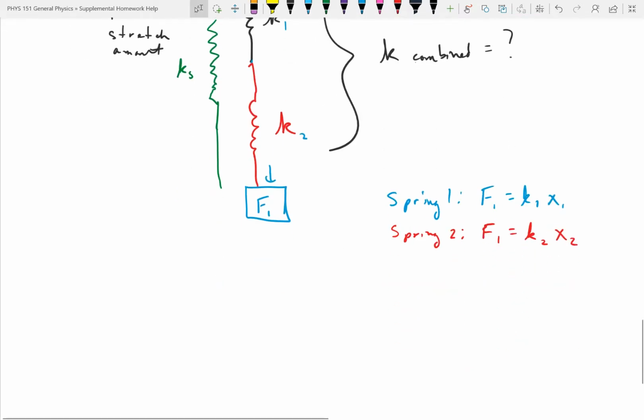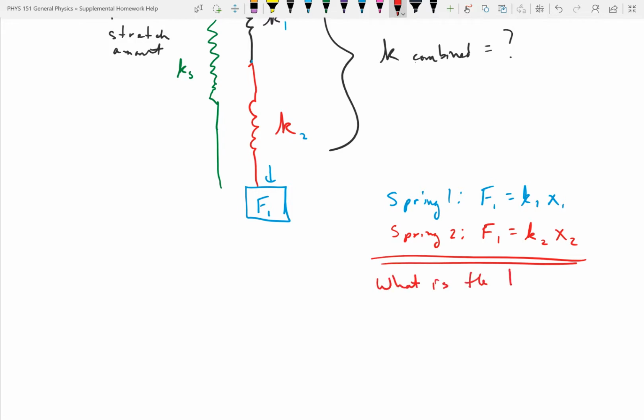And so now the question is, what is the total stretch? Well, it'd be X1 plus X2 would be the total stretch. Right. X1 is the amount that spring 1 stretched, and X2 is the amount that spring 2 stretched.